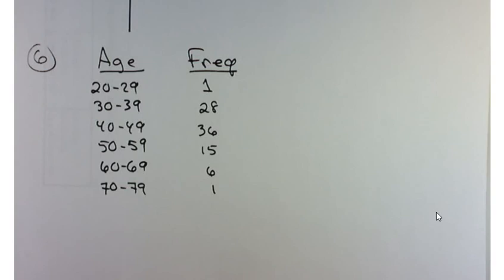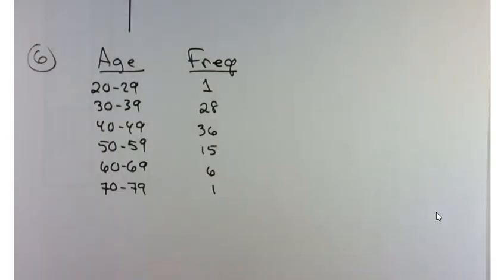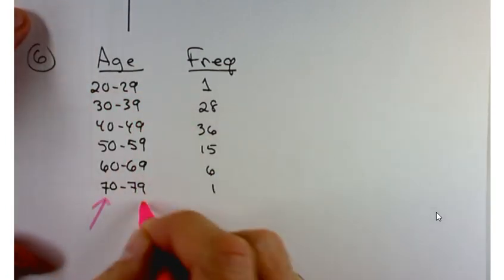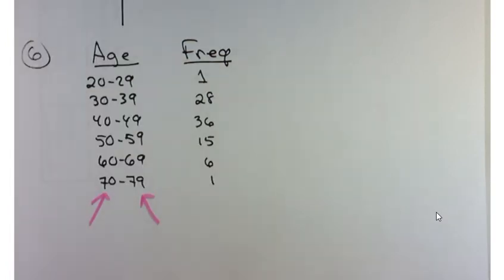So like I said, there's some things that I want you to know about frequency distribution like this. These are your classes here, and each class has an upper class and lower class limit.